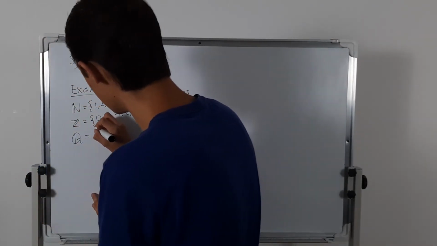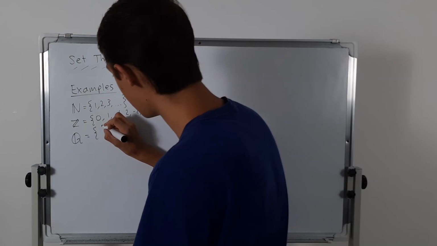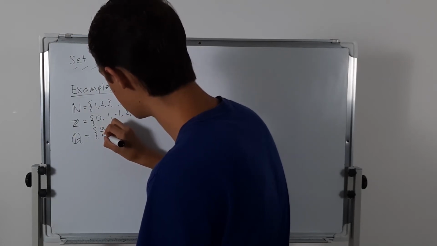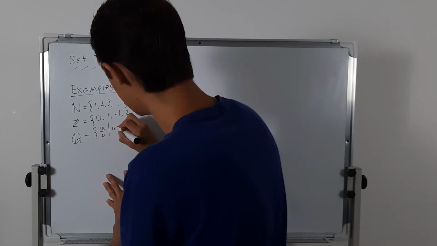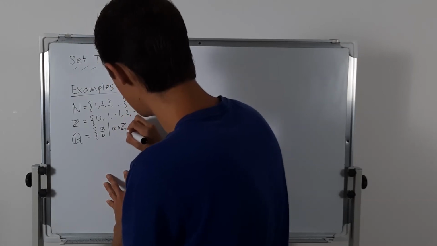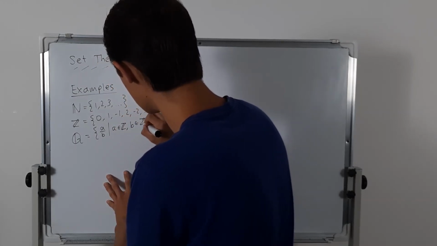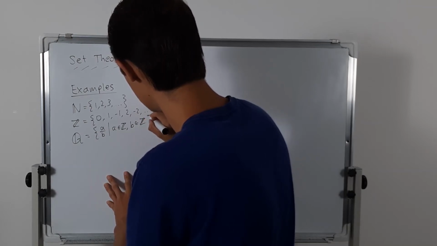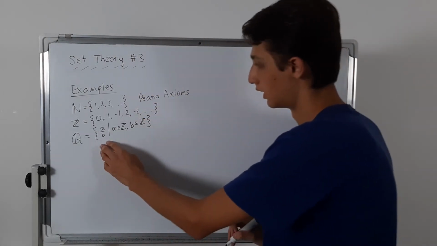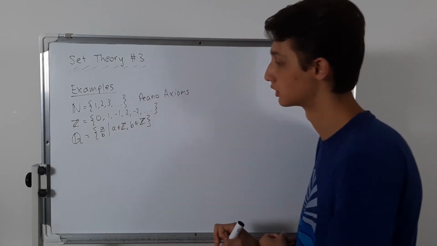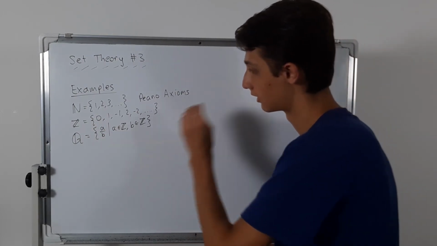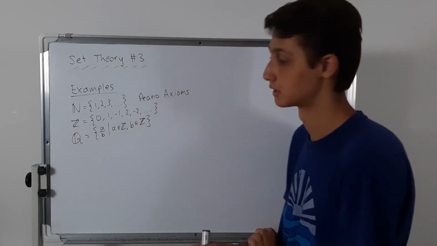This is very easy to write in set builder notation. It's every number written a over b, such that a is an integer and b is an integer. So if you have this, it's every single a over b where a is an integer and b is an integer. That entire set forms the rational numbers.